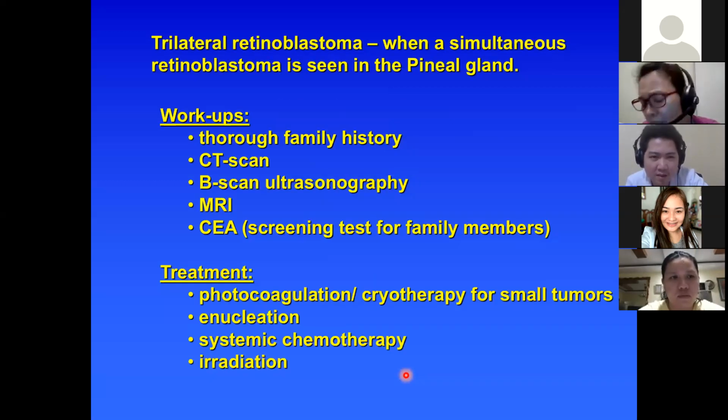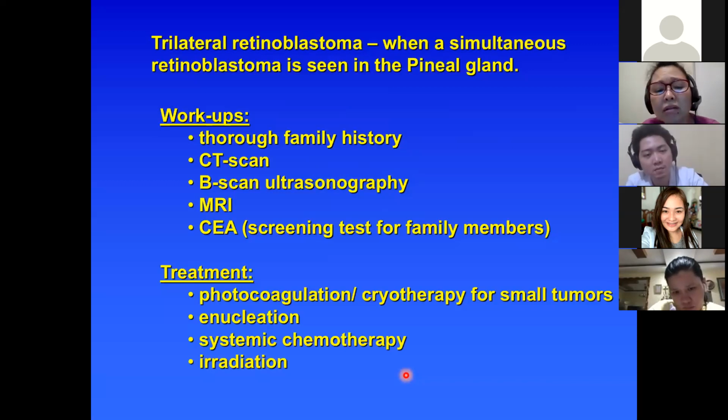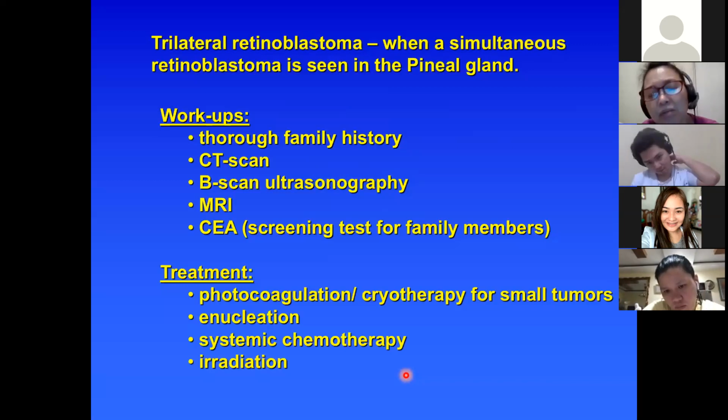Now, bilateral retinoblastoma talaga, usually we don't operate on them already. Usually, they need chemotherapy. Pero kung maliit pa man, photocoagulation can be done. You can still salvage the eye and even the vision, kahit lang isang mata. But this will need chemotherapy talaga. Kaya lang, the prognosis is not really good.